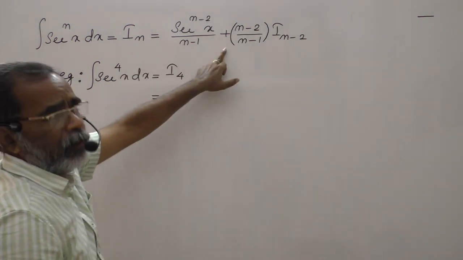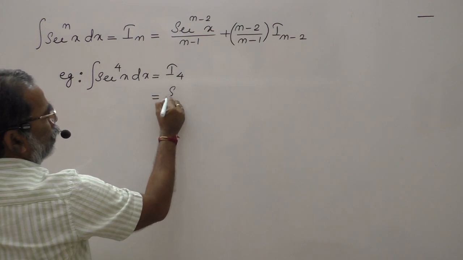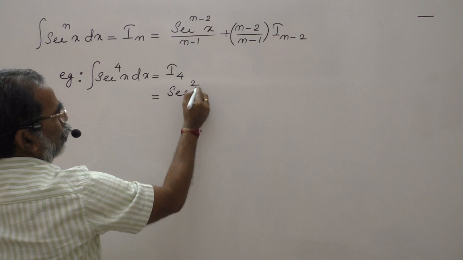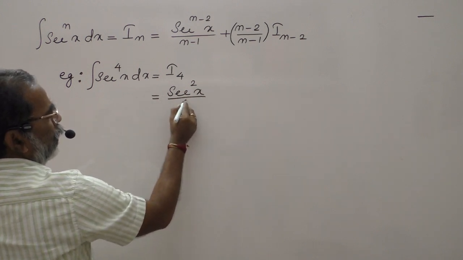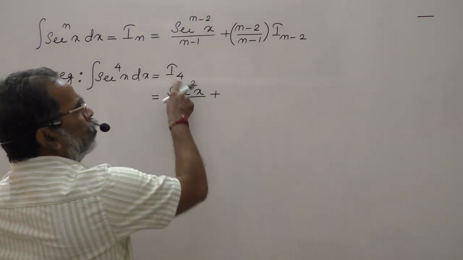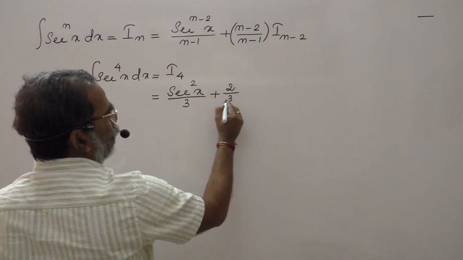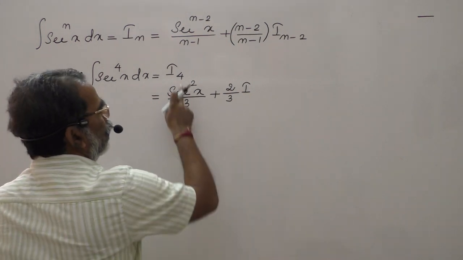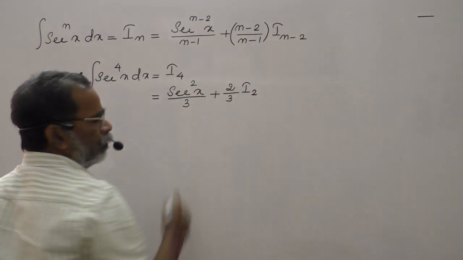This is the reduction of sec, no? n equal to 4, substitute here. This is sec power 4 minus 2 is 2, divided by n minus 1, 4 minus 1 is 3. Then plus (n minus 2) divided by (n minus 1). n is 4, no? 4 minus 2, 2. n minus 1 is 3. And I_2. What is I_2? If you write 4 here, this is 2.